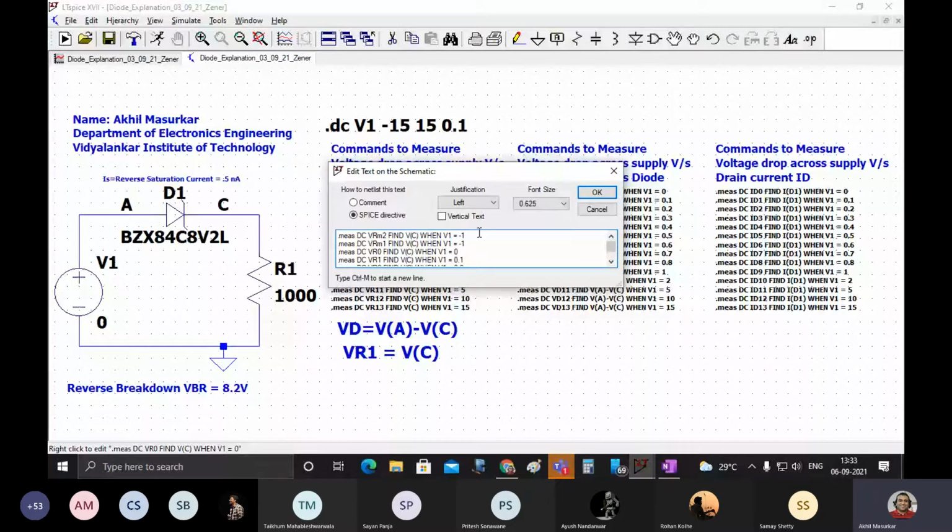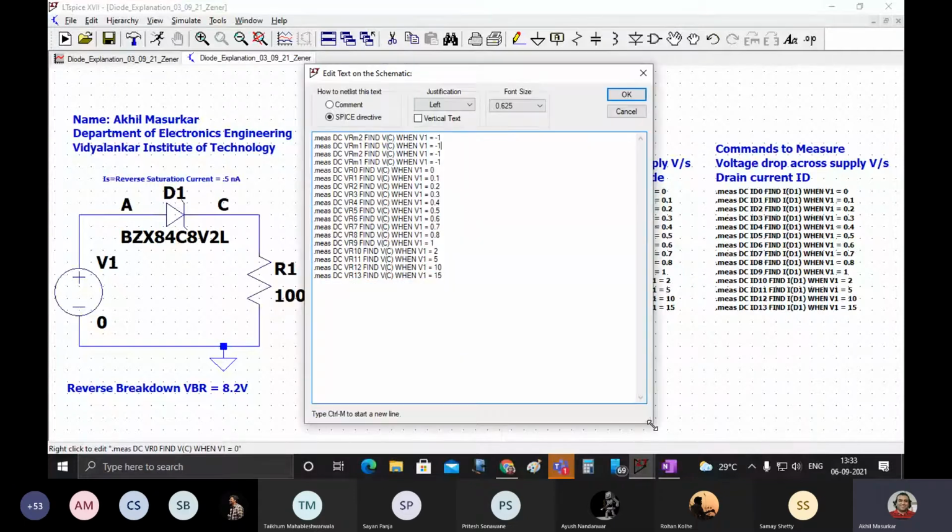Now I want to capture all the values from positive to negative. Now I am doing this.